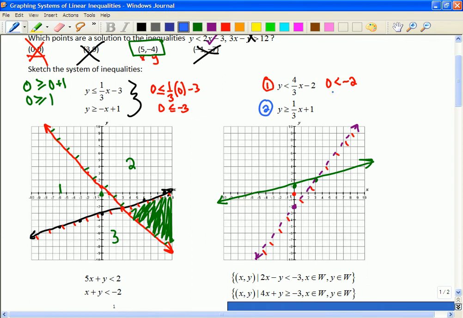And is 0 greater than or equal to 1? No, so I have to go to the other side of the green line. So that would be what my rough work looks like. The answer that I have to shade in is this part in here.